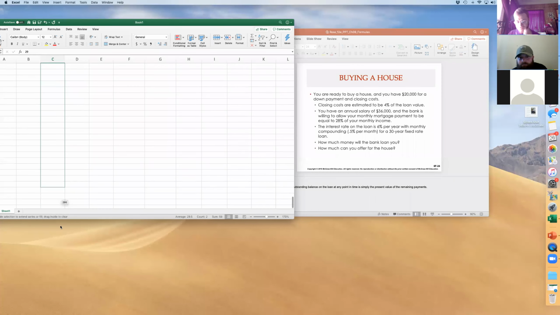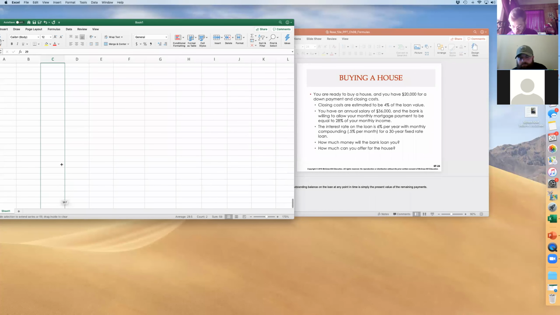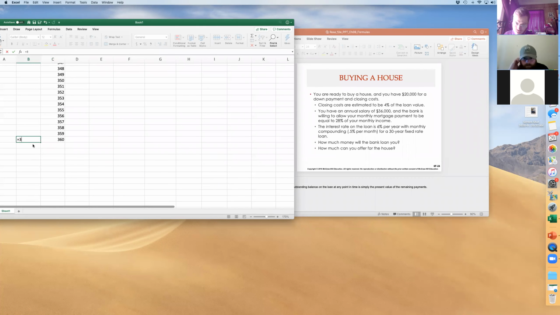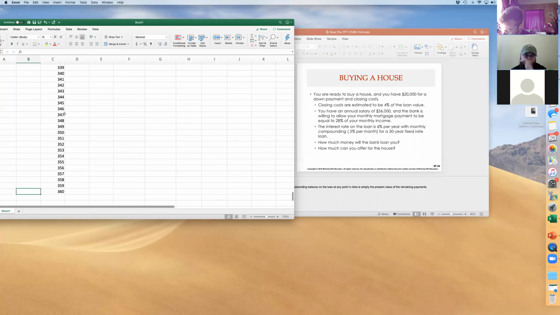So these are getting to be long timelines. And where do I get 360 from? That is 30 years times 12 months in a year. That's where we get that from. So there's going to be 360 months to pay this house off. So this is a really long timeline. This will take up my whole whiteboard.